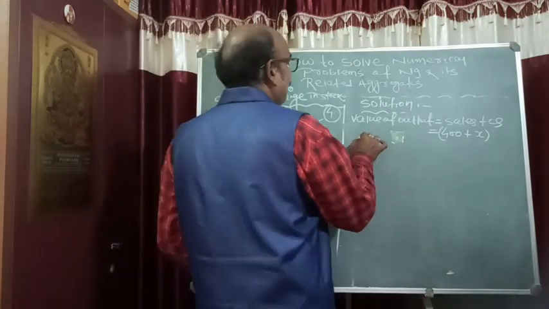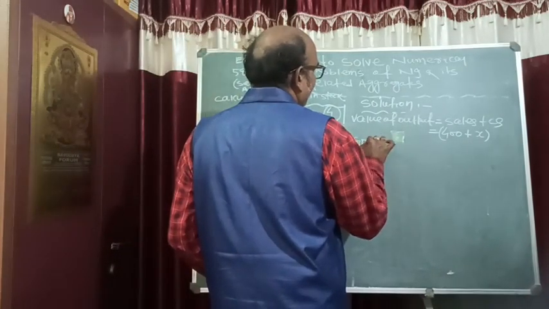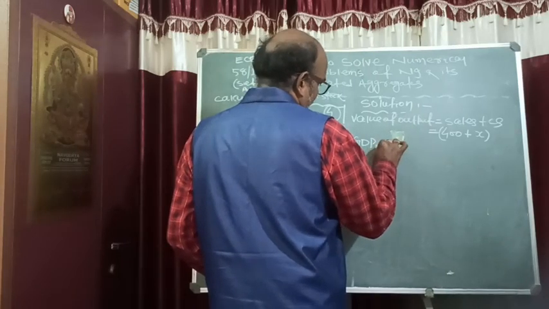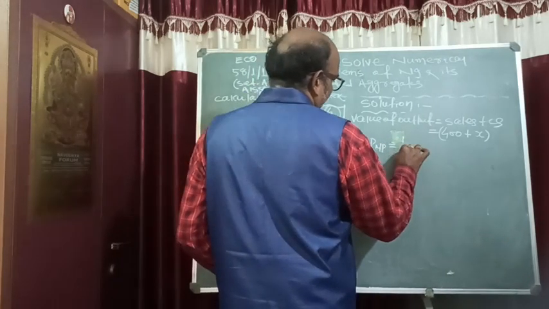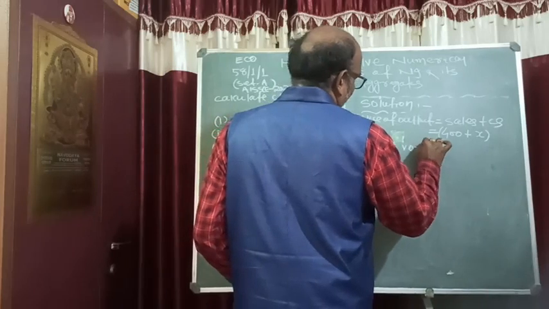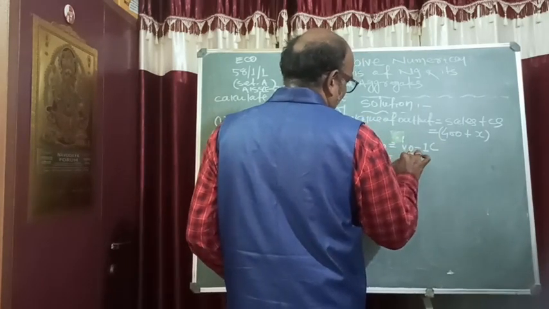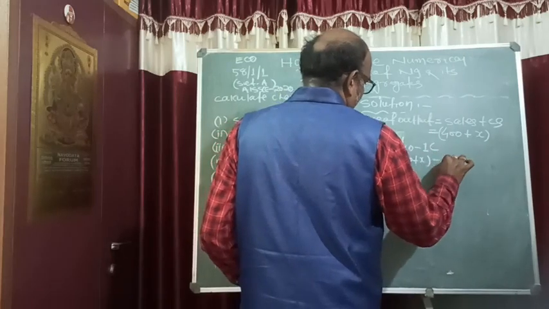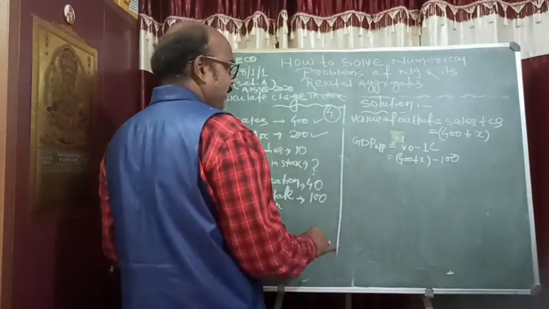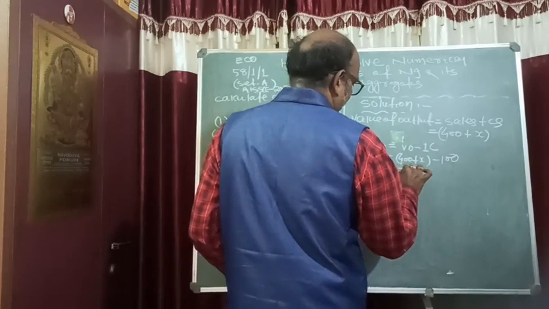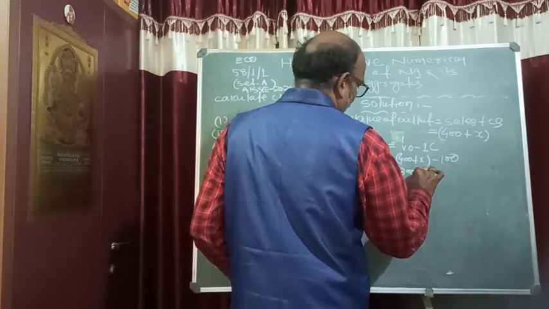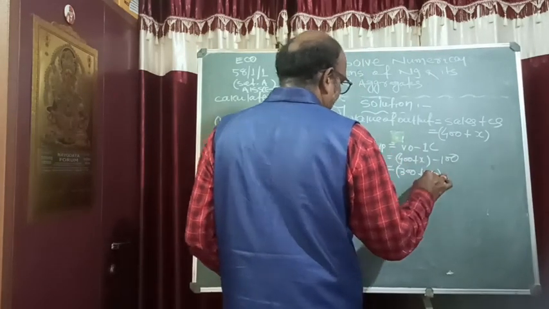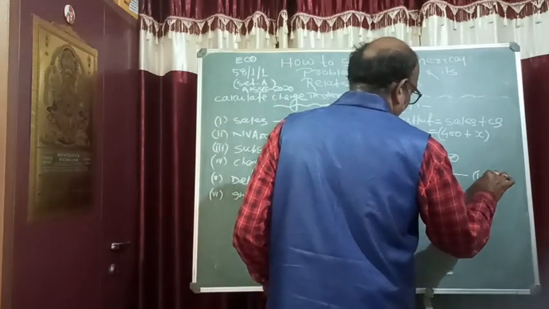Now from the value of output you have to find out GDP-MP. So GDP-MP is value of output minus intermediate cost. So value of output is 400 plus X minus intermediate cost, which is given as 100. So it is 300 plus X. Is it clear? Let this be equation 1.